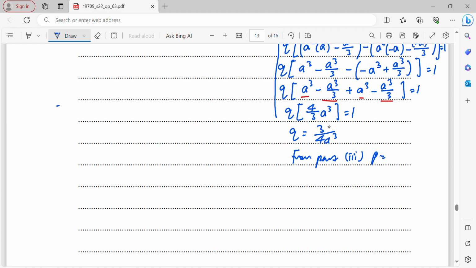My P is 2Q. Therefore, it's going to be 2 times 3 over 4a cubed, which means the 2 and 4 can be simplified. So you will be getting 3 over 2a cubed. So that is the P.